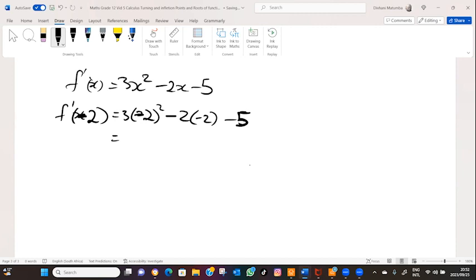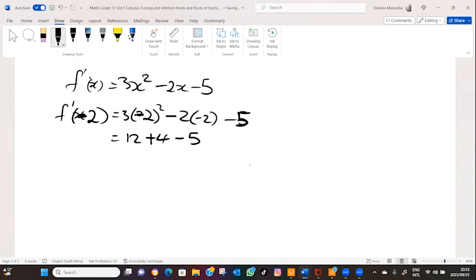This will be 3 times 4, which is 12, minus minus 2 minus 2. This will be plus 4. And then minus 5. Now, 12 plus 4, this will be 16.